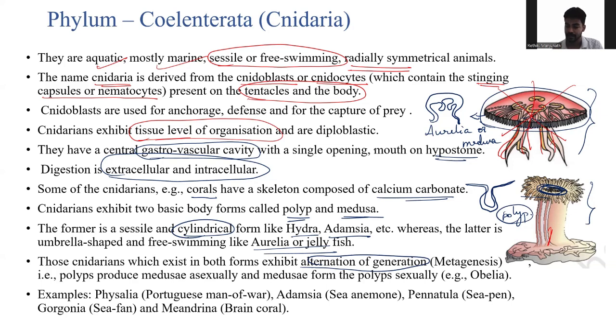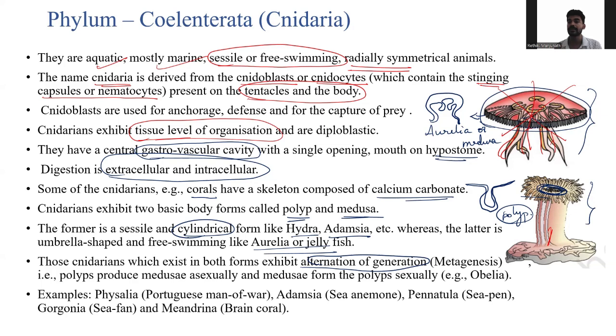For example, if it comes to the polyp, they are going to produce the medusae asexually, and the medusae normally form the polyp sexually. Obelia, if you take an example.